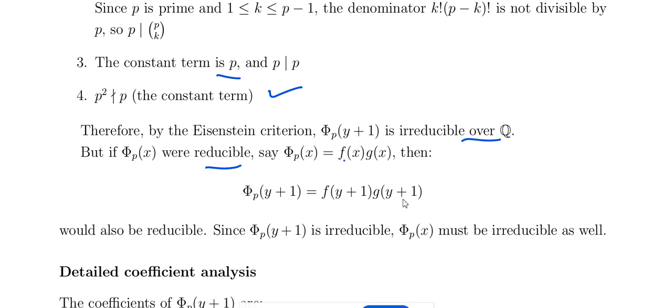But phi p of y plus 1 is irreducible, so phi p of x must be irreducible as well. So a contradiction arises, because phi p of y plus 1 is irreducible, therefore phi p of x should be irreducible. That is the idea.